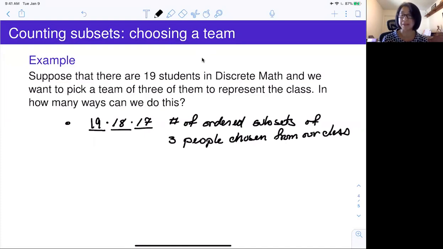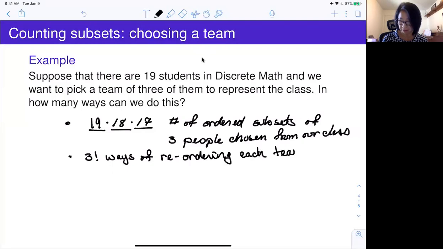So we've overcounted, right? And we've overcounted by the number of ways of reordering each of these sets. So there are 3 factorial ways of reordering each team. So the number of teams should be 19 times 18 times 17 divided by 3 factorial.